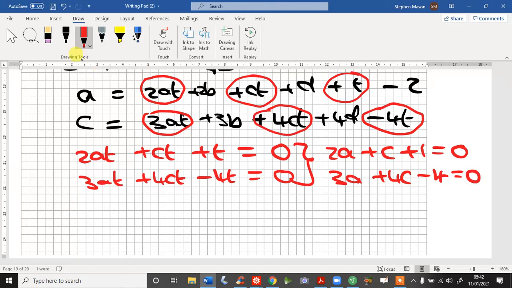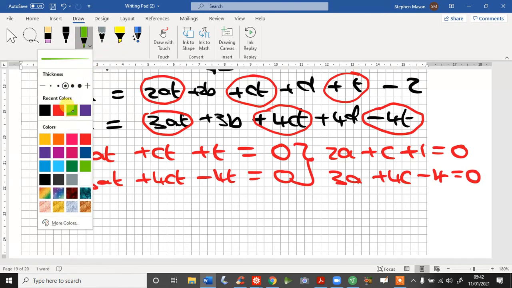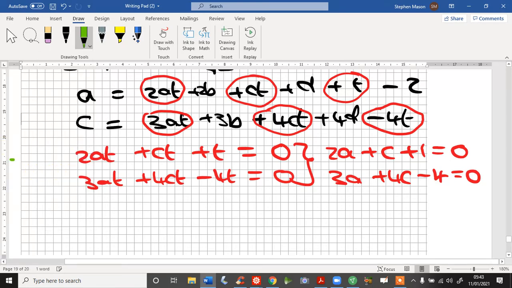Now, before I write this system down again and tidy it up, I'm going to show you the fact that there is yet another pair of simultaneous equations. So here we've got a 2b, that's just a constant.